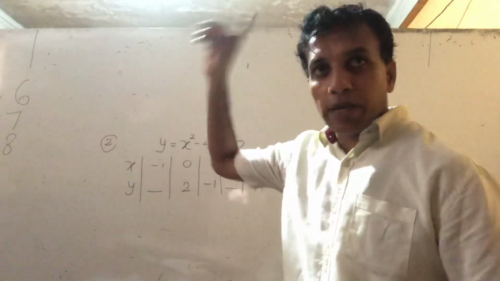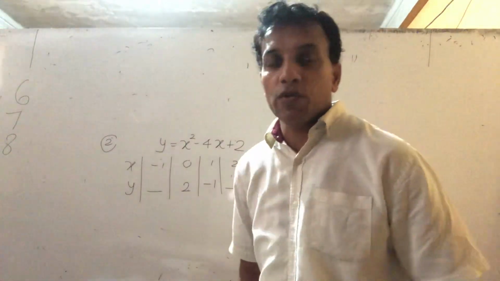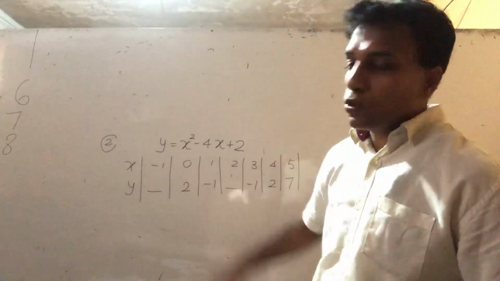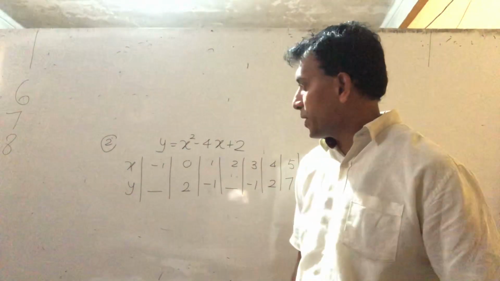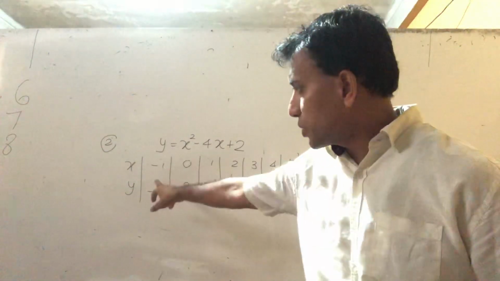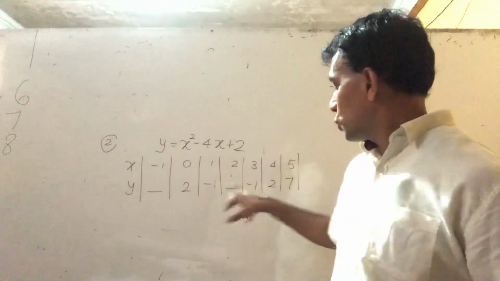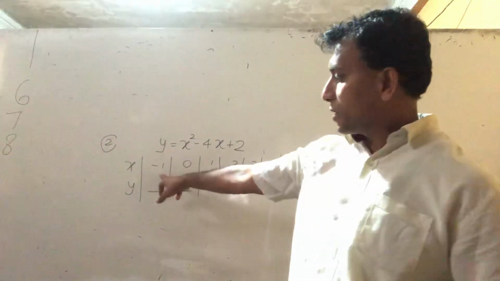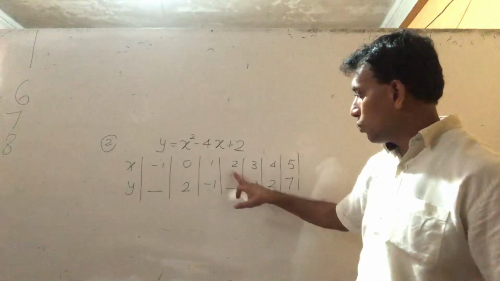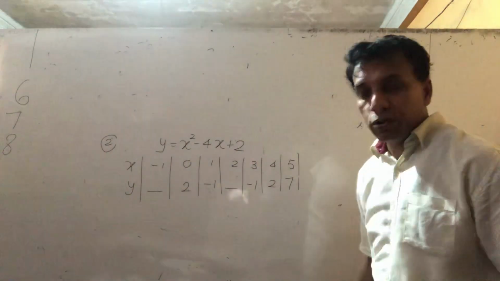In my second previous video you worked one question on parabolic curves: y equals x squared minus 4x plus 2. A table is provided with x values from minus 1 to plus 5: minus 1, 0, 1, 2, 3, 4 and 5.